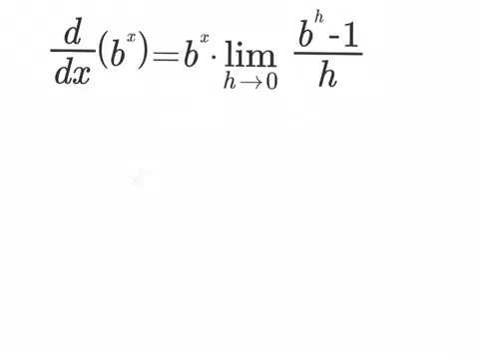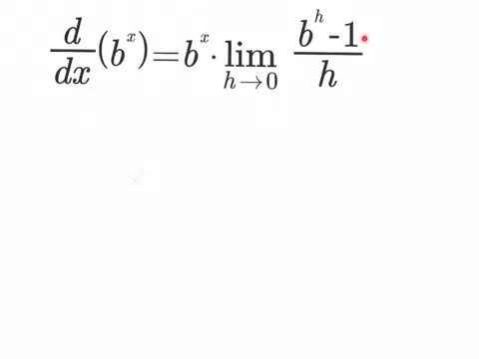We'll come to that definition in a few minutes. But first I want to come up with another definition. I'm going to define e as the number such that this limit is equal to 1. Let e be the number that makes this limit equal to 1.